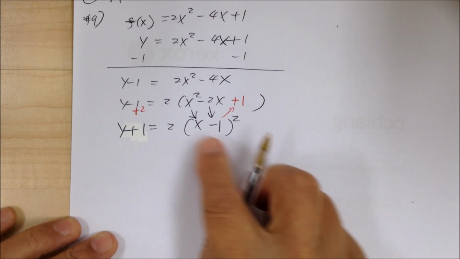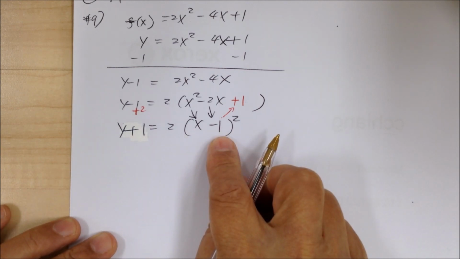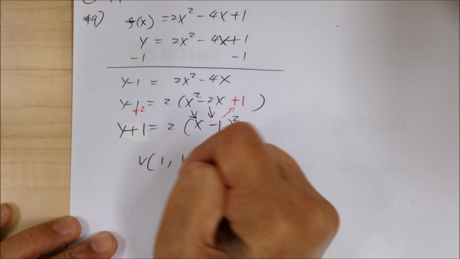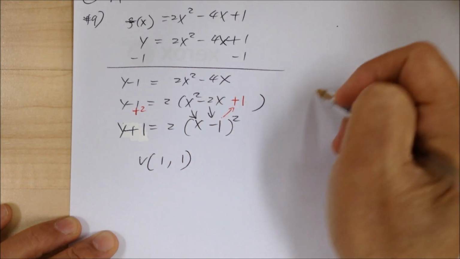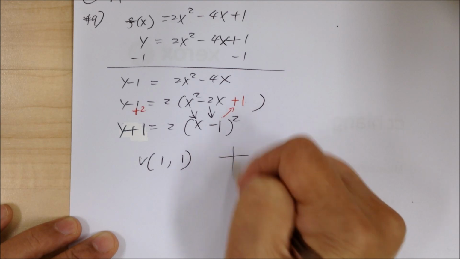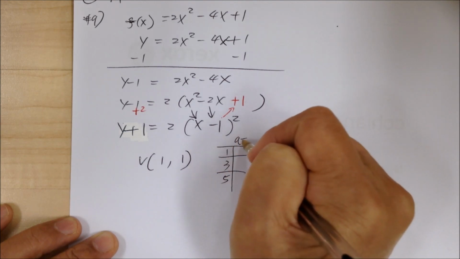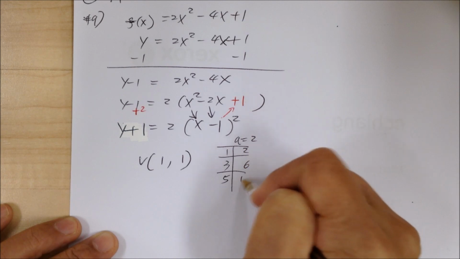Okay? So now from here, your vertex is going to be at 1, 1. And then when you're doing the 1, 3, 5, the a is equal to 2, so it'd be 2, 6, 10.